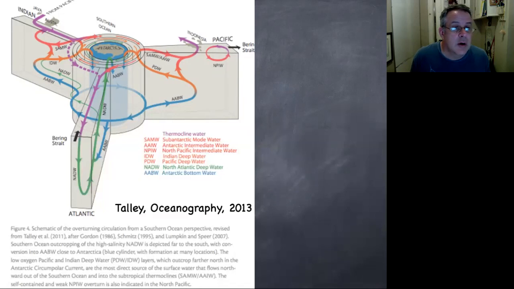And then the mode water is formed at the surface of both of those oceans and comes back in a different direction. In the Atlantic, we also have convection up here in the North Atlantic, forming the North Atlantic deep water, which heads back this way, mixing with Antarctic bottom water on the way, and kind of riding on top of the Antarctic bottom water.